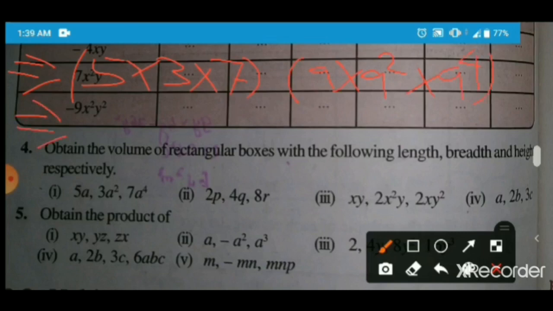So it is 7 times 3 is 21, and 21 times 5 is 105.